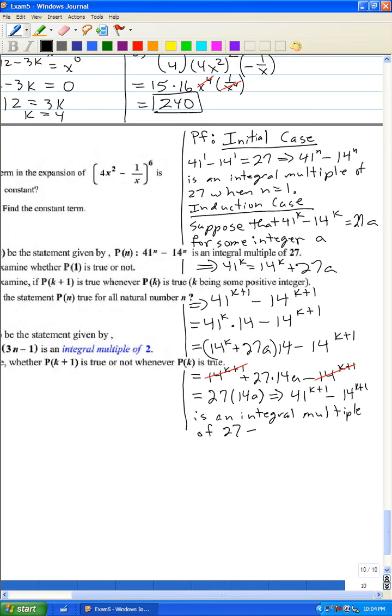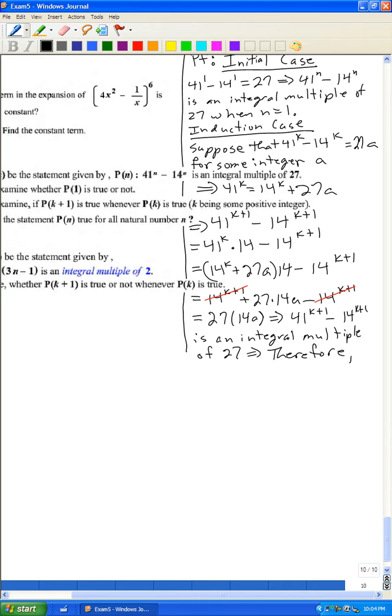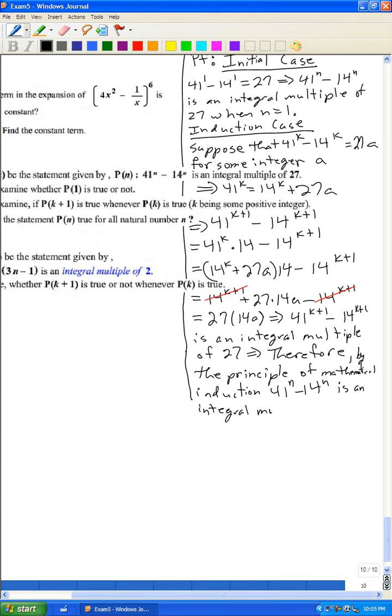So therefore, by the principle of mathematical induction, 41 to the n minus 14n is an integral multiple of 27 for all natural numbers n. And so I'm done.